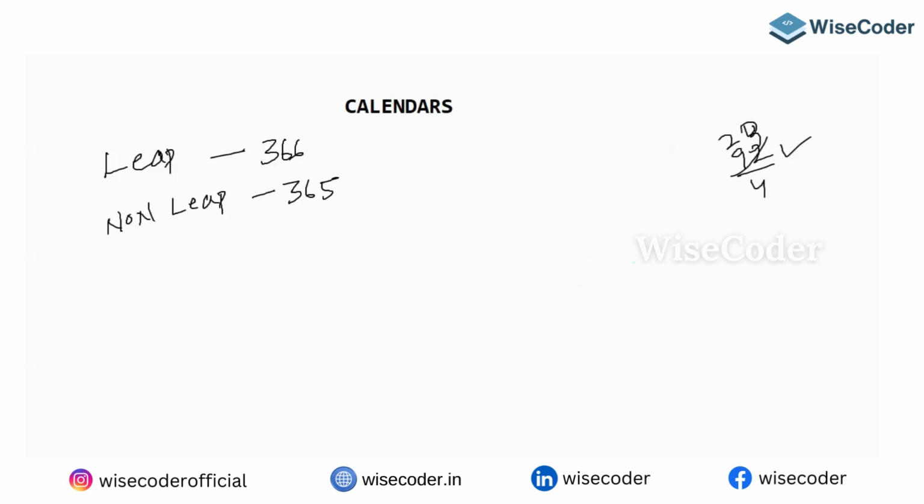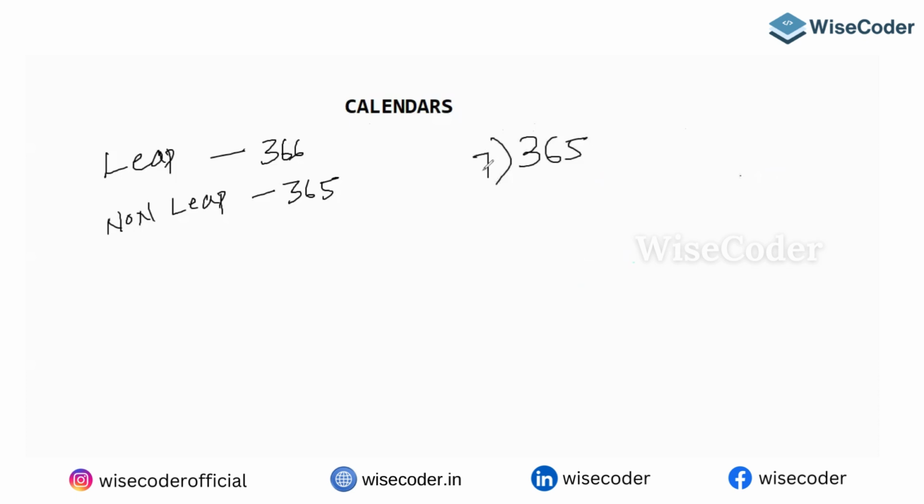You need to understand one more point here. How many weeks does a year consist of? Let's divide 365 by 7. Why 7?